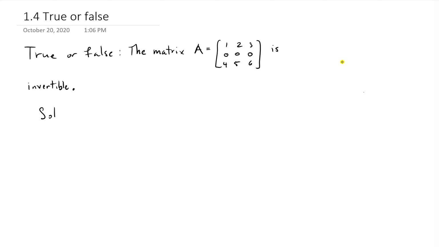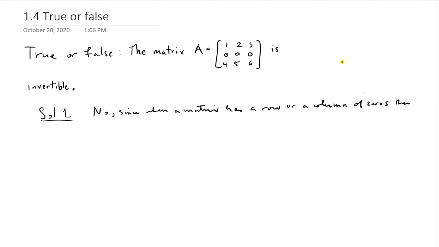So solution 1: no, since when a matrix has a row or a column, maybe we can put the more general result, a row or a column of zeros, then it is not invertible. So it's simple as that. Okay, that could be our answer.